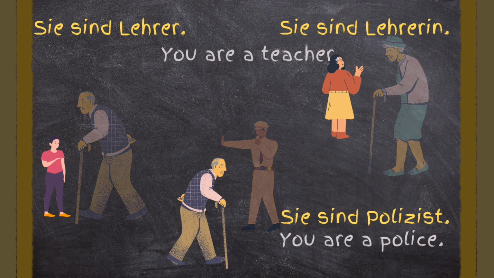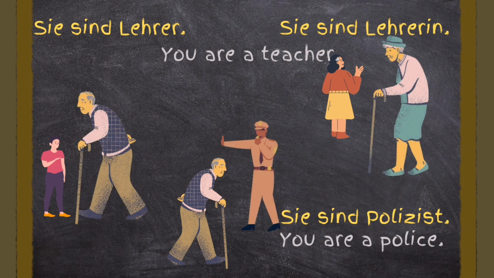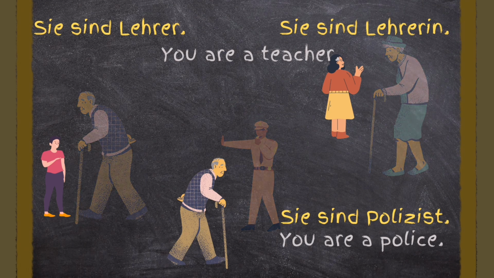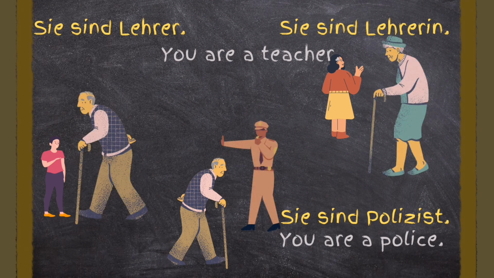And finally, when old man talks to police, he will also say, Sie sind Polizist. In all the cases, the communication is happening directly in formal manner.